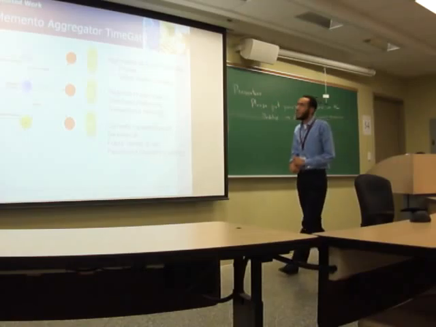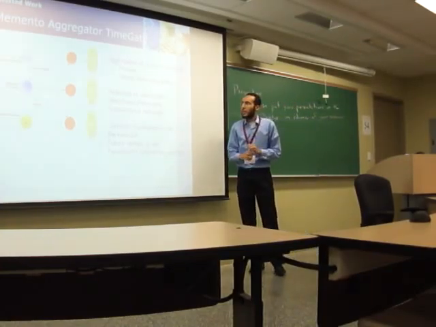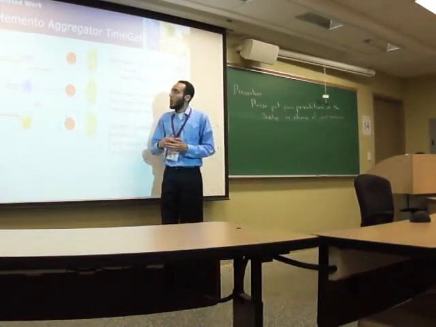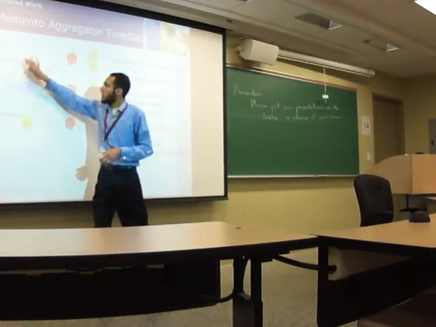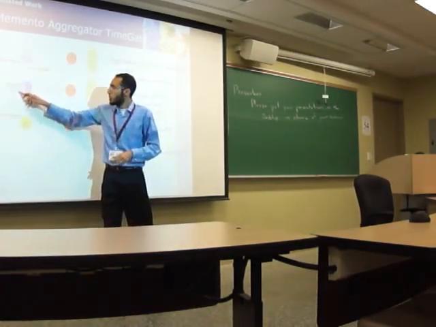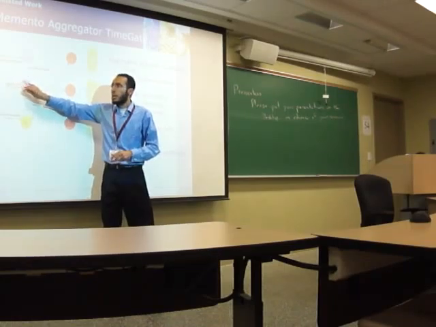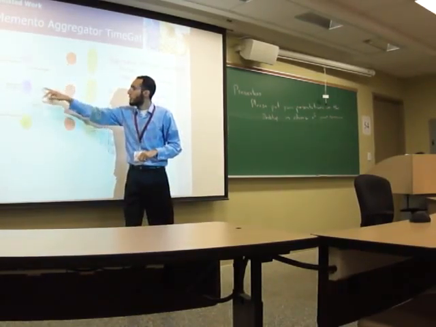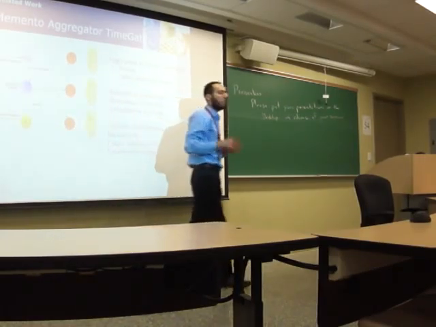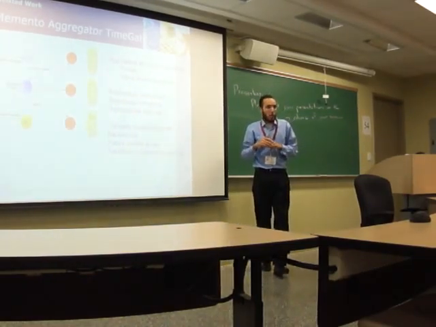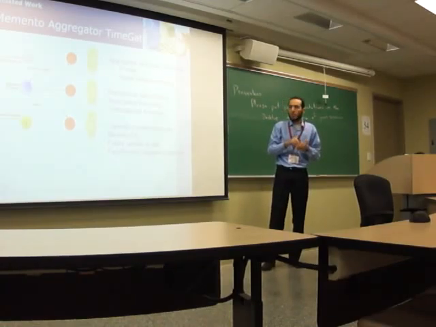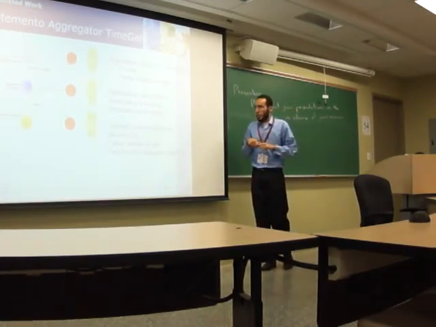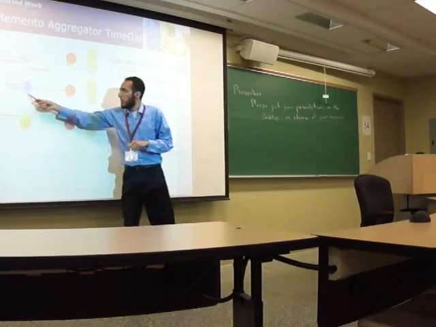Now we are with the aggregator. If this is the browser, and this is the original resource, the aggregator time gate is a tool that could let me connect with different time gates that may provide me with archived copies, or mementos, for this specific URI. So this is what we call the aggregator.